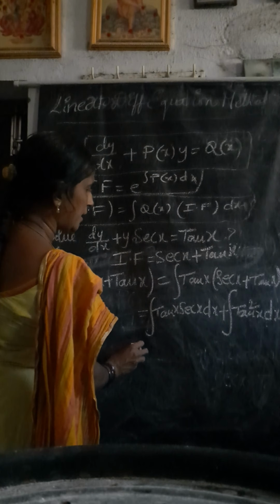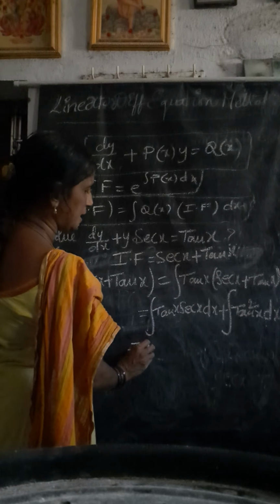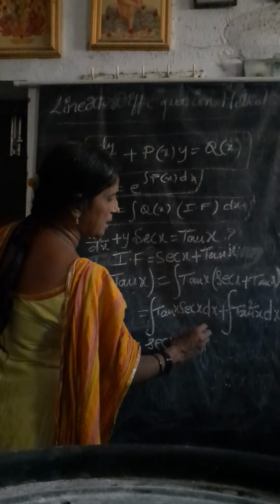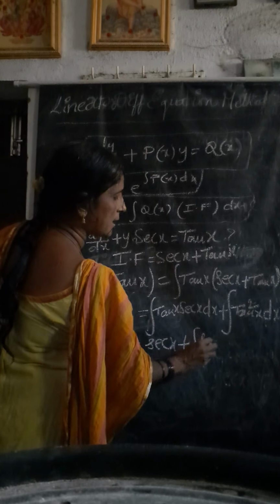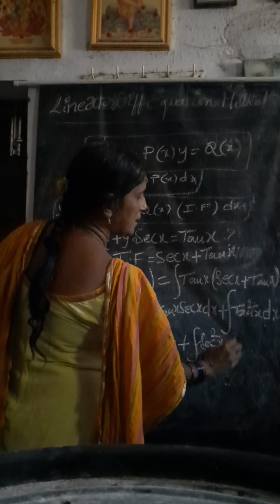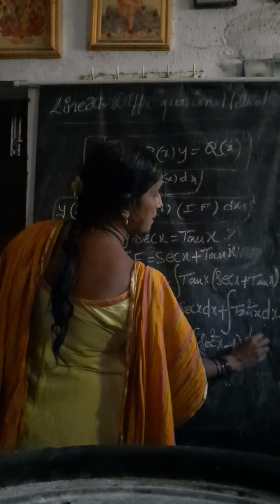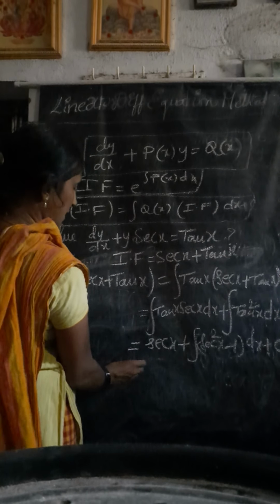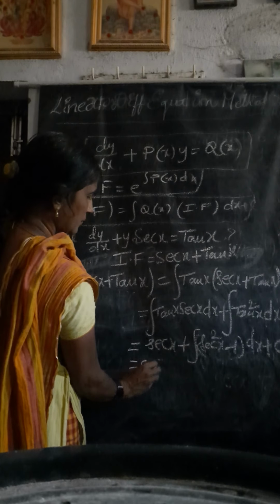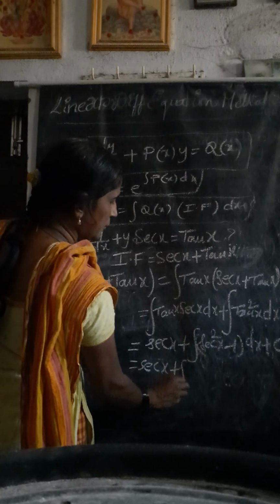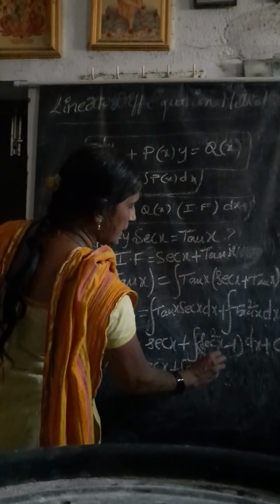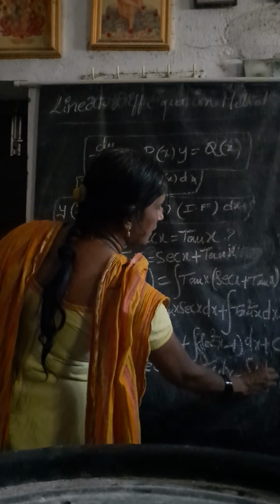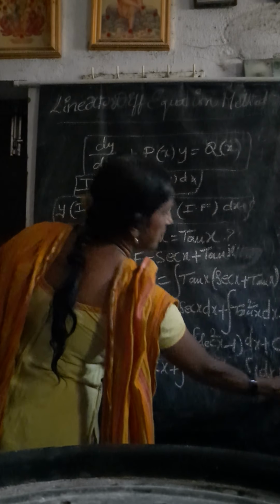The integral of tan x secant x is secant x, and tan square x can be written as secant square x minus 1, so we get integral of secant square x dx minus integral of 1 dx plus c.